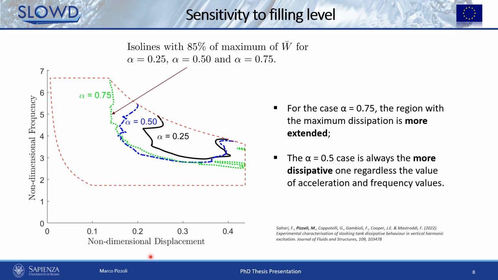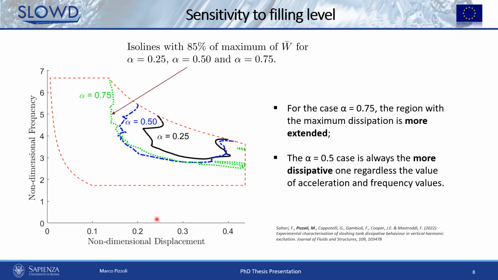These additional tests were used to perform a sensitivity analysis as a function of the filling level, and specifically the region in which the non-dimensional dissipated energy is greater than or equal to 85% of the maximum for each of the three filling levels is shown here in this map.